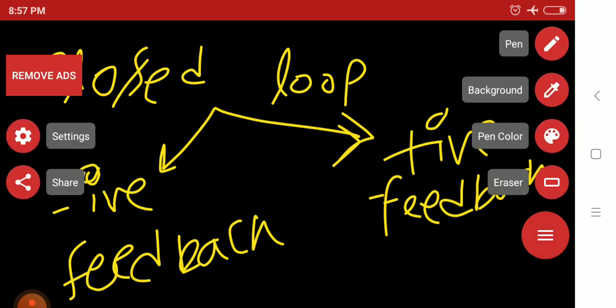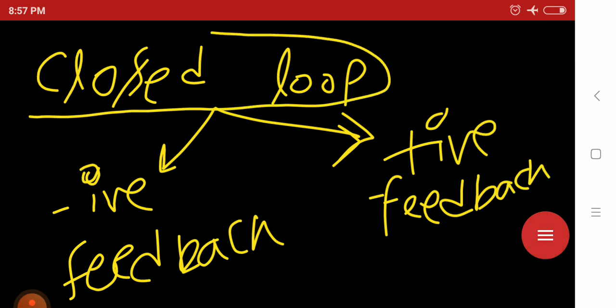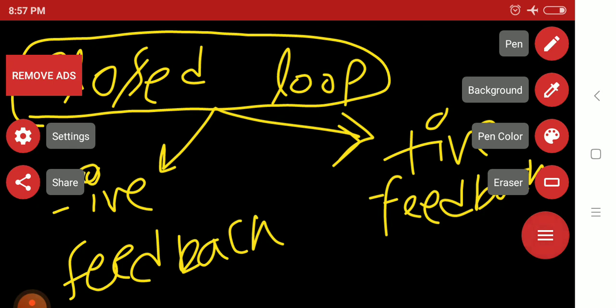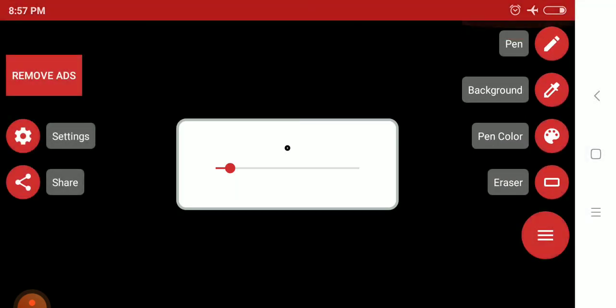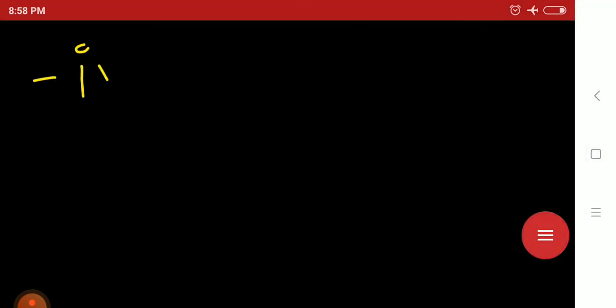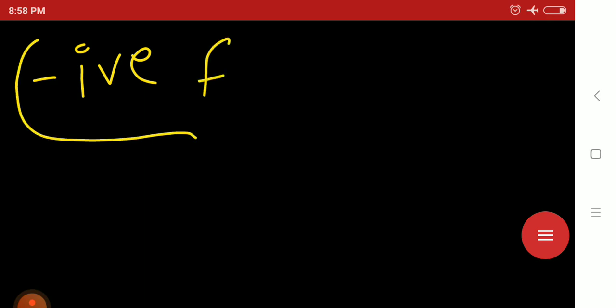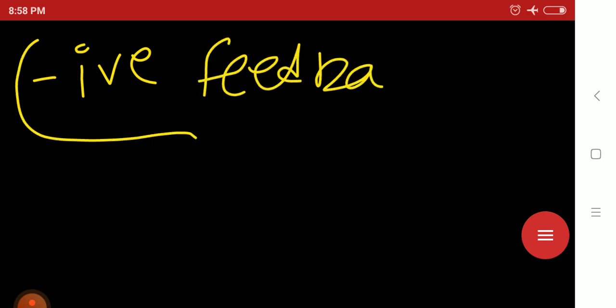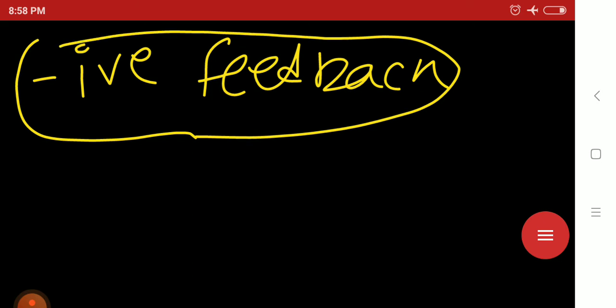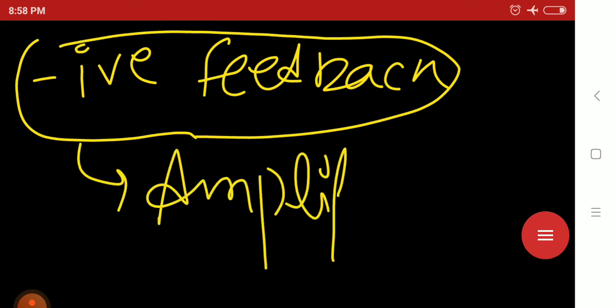So closed loop op amps are generally of two types: negative feedback and positive feedback. What are the operations of a negative feedback op amp? Negative feedback op amp, their operation is amplifying, that is, they are amplifiers.